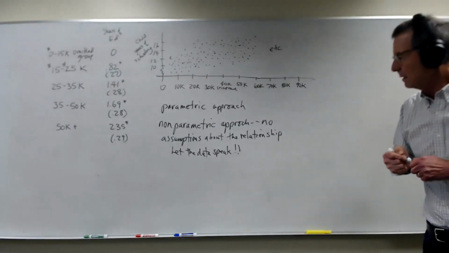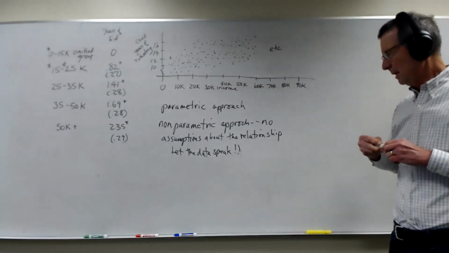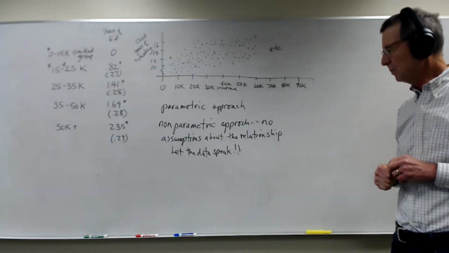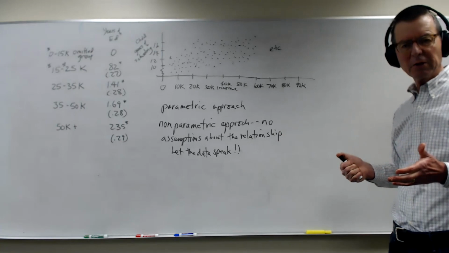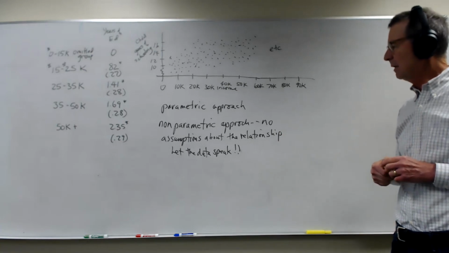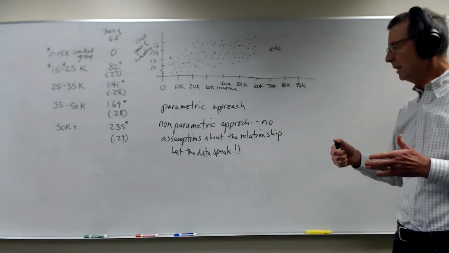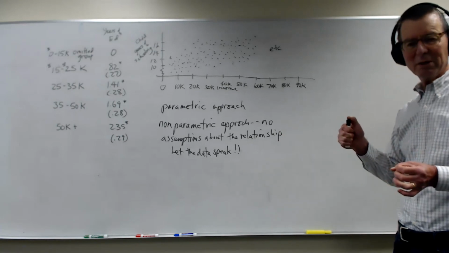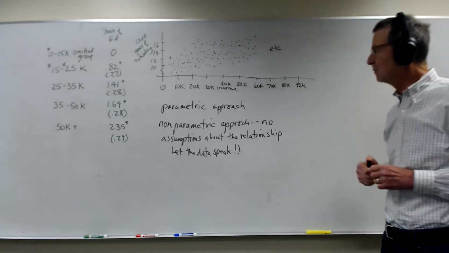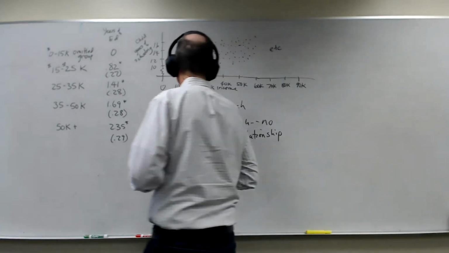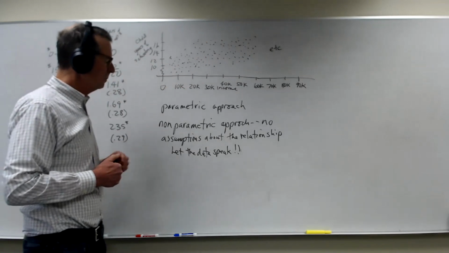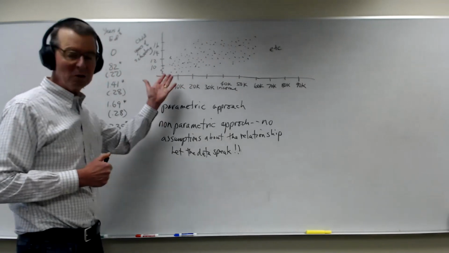Now, you might not want to actually feature a non-parametric approach in the main results from an article that you might write. But as a preliminary step, if you really are trying to understand what the relationship is, what the functional form is, sometimes it's useful to take this particular non-parametric approach, which is using dummy variables.